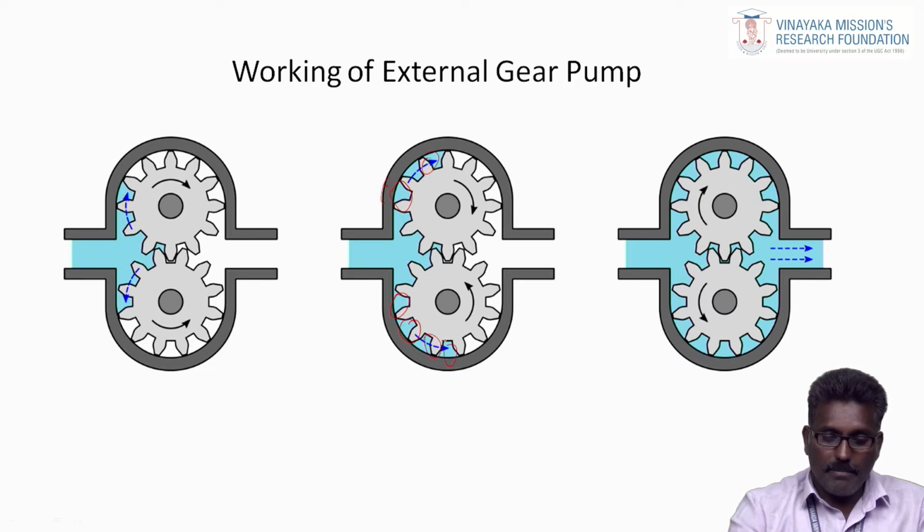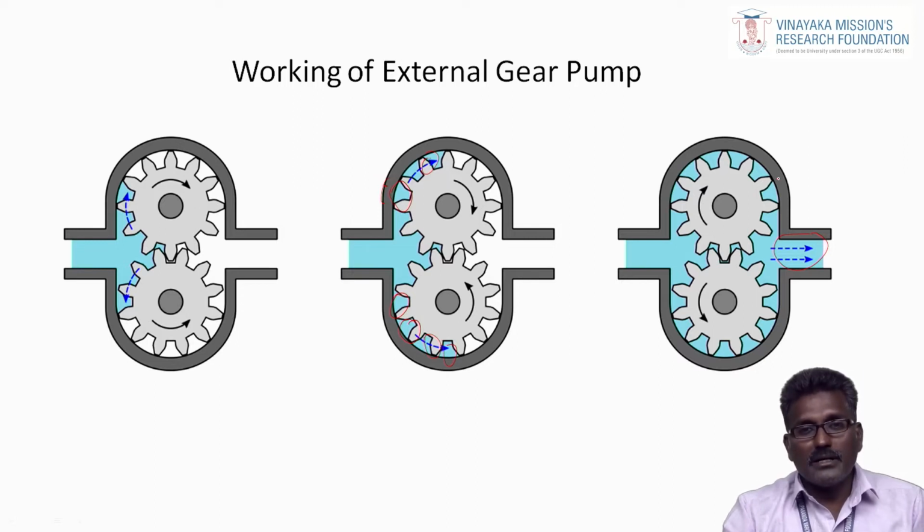The gap between the gear teeth and the pump casing carries a certain quantity of fluid. This fluid is continuously moved, and at the position of the outlet, both the gear teeth deliver the fluid.